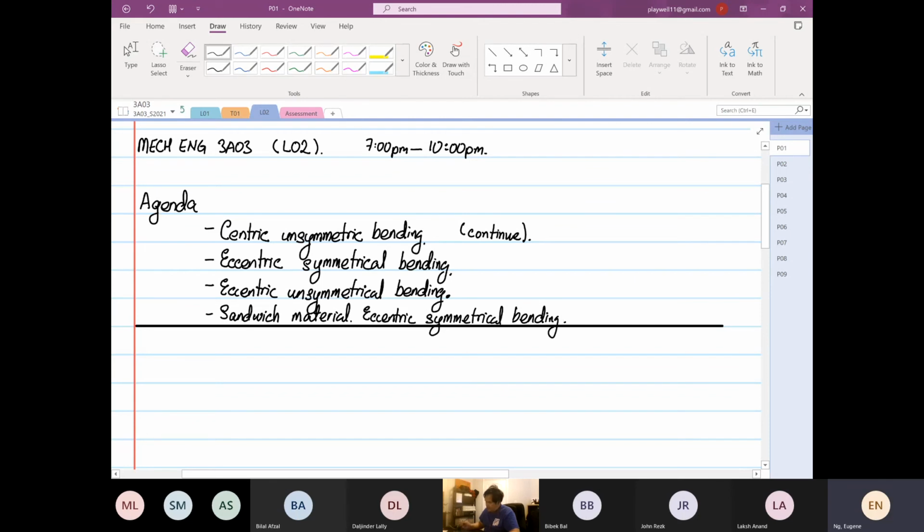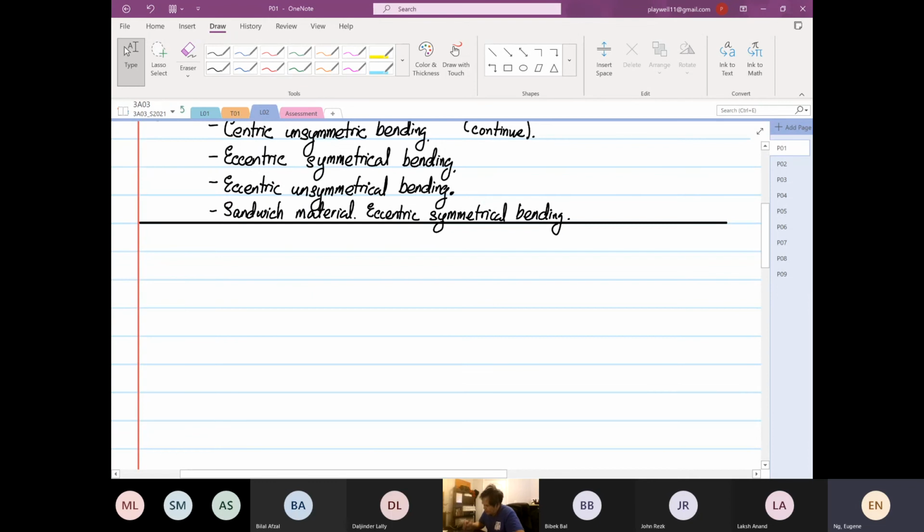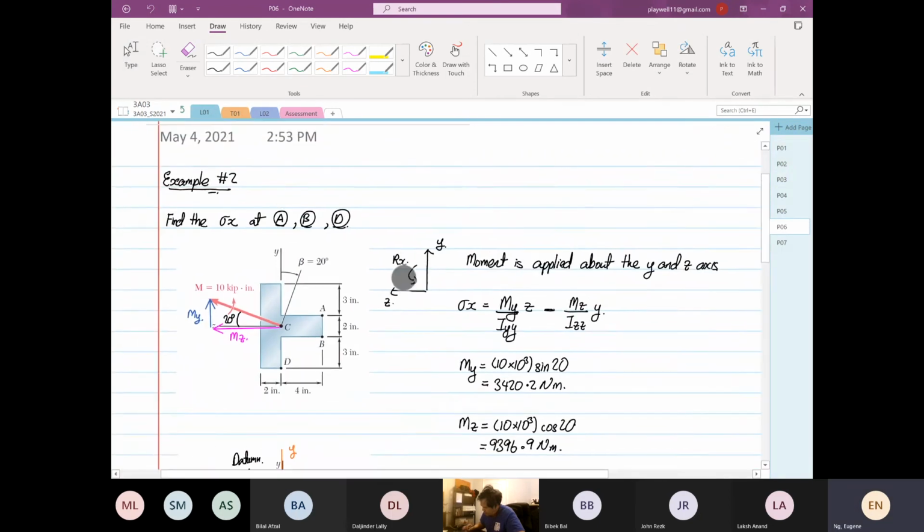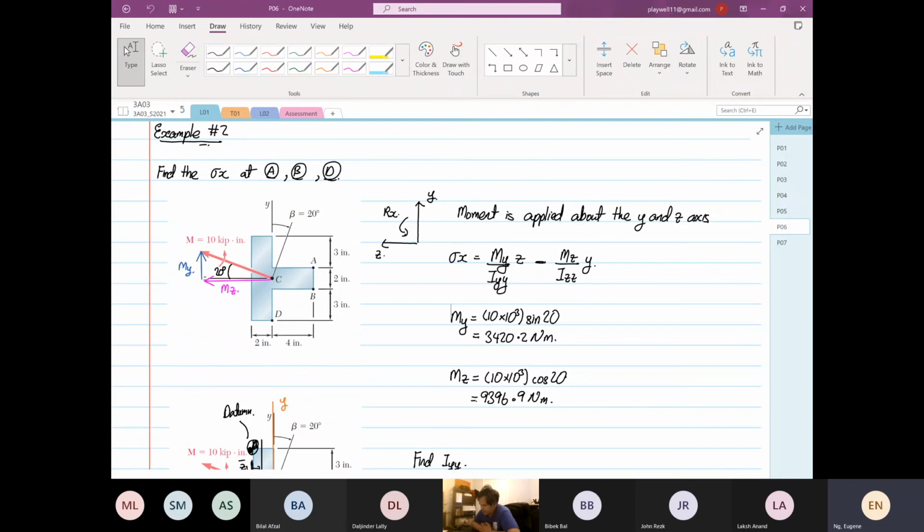When you guys were taught, sandwich material was only centric, so I'd like to have this amount of content in there. So last week's lecture, we looked at an example like this, and also in our tutorial we looked at a structure like this.